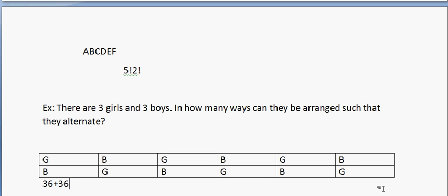So you have to see that in an arrangement either B can come first or G can come first. So you have to keep that in mind. If G comes first, then this would be the kind of arrangement. If B comes first, then this would be the kind of arrangement. Girls can be arranged in 3 factorial ways and boys can be arranged in 3 factorial ways in each of the cases. So total cases would be 72.